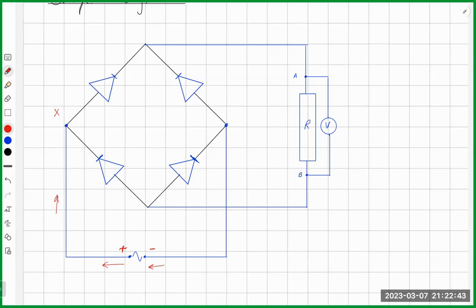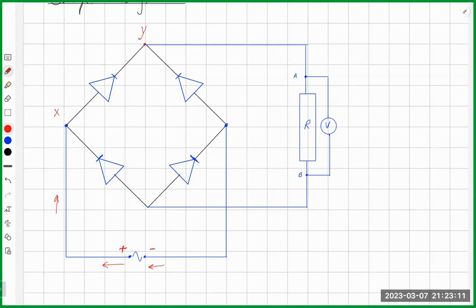At X, what do you think? What should be the direction the current should go? Up or down? Up. Because that diode is supportive to this current. So current will go and it will reach Y. At Y, either the current can go towards the resistor or it can go on the other loop because there's another junction.